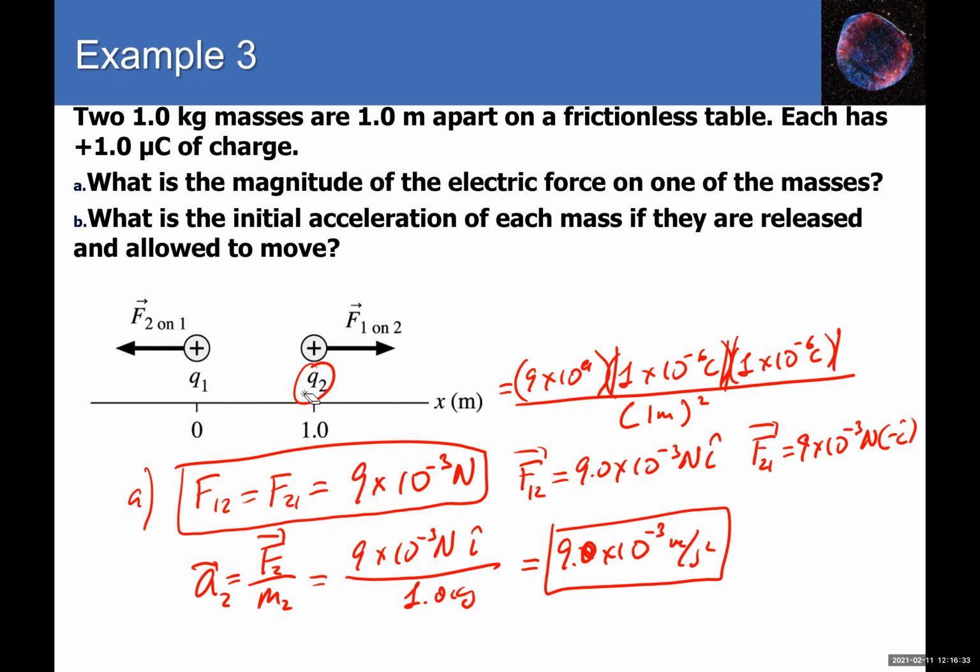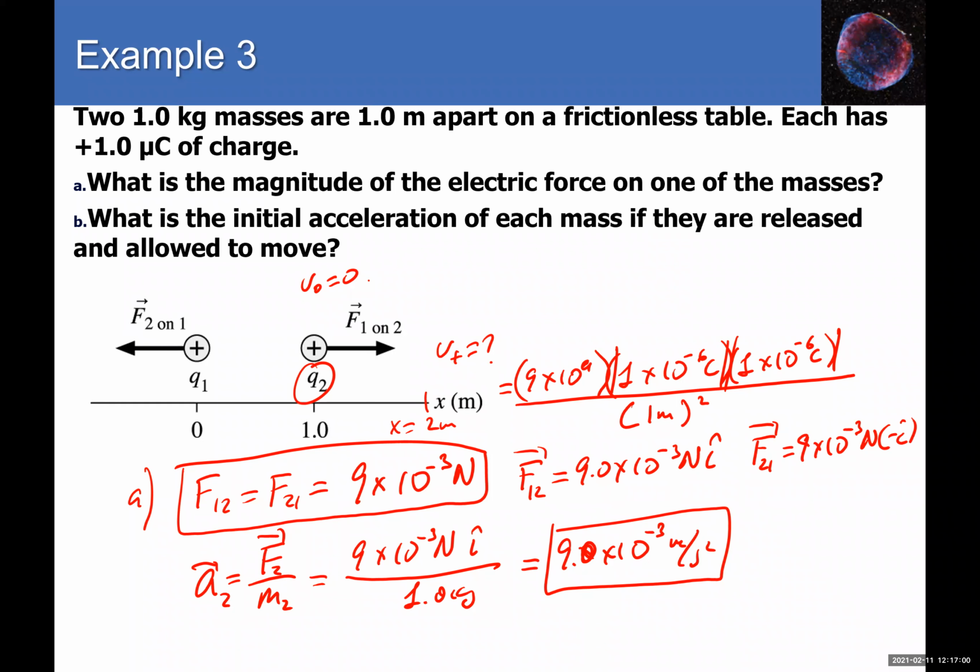okay. Interesting thing about this type of problems is to understand that, for example, let's say I wait until Q2 gets to 2 meters apart, to x equals 2 meters. And let's say I want to know how fast it is moving at that instant, assuming that it started from rest. Let's say how fast it is moving when it goes from x equals 1 meter to x equals 2 meters.